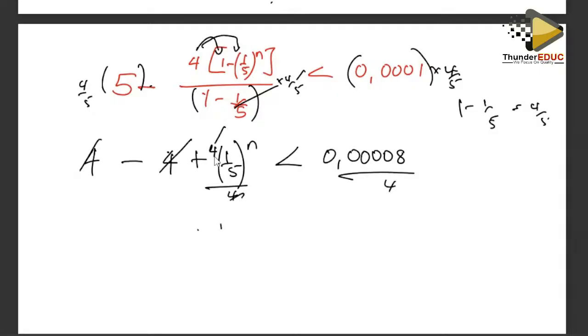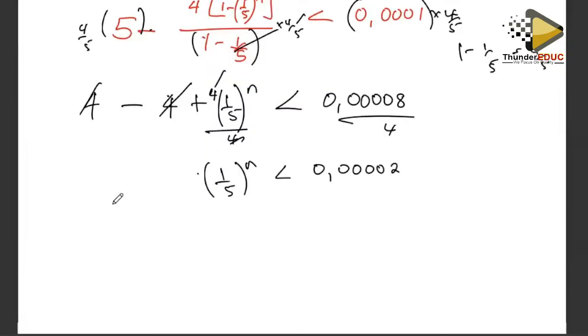I think now it makes sense. 1 over 5 to the n is less than 0.0000 with a 2. But we know that 1 over 5 is the same as 0.2. So it's the same as 0.2 to the exponent of n is less than 0.1234.